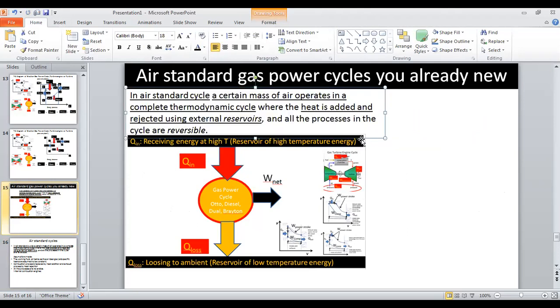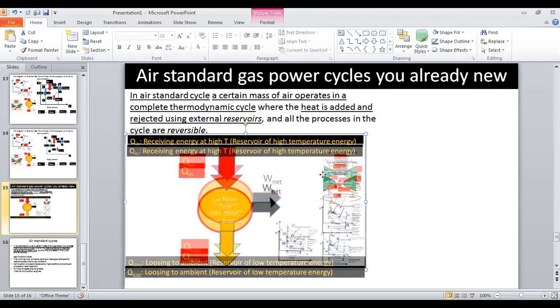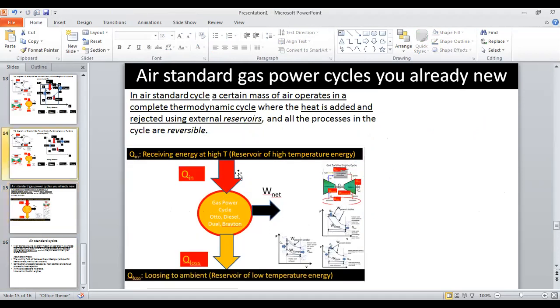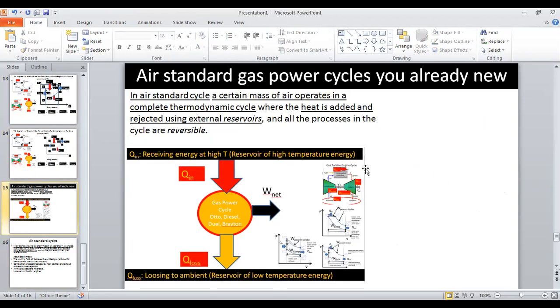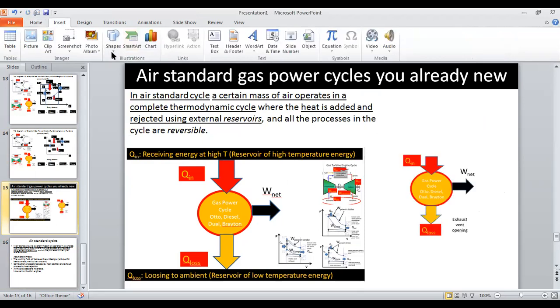So if I take this, the same. So I will mark this reservoir in this way. Let me take now this one.